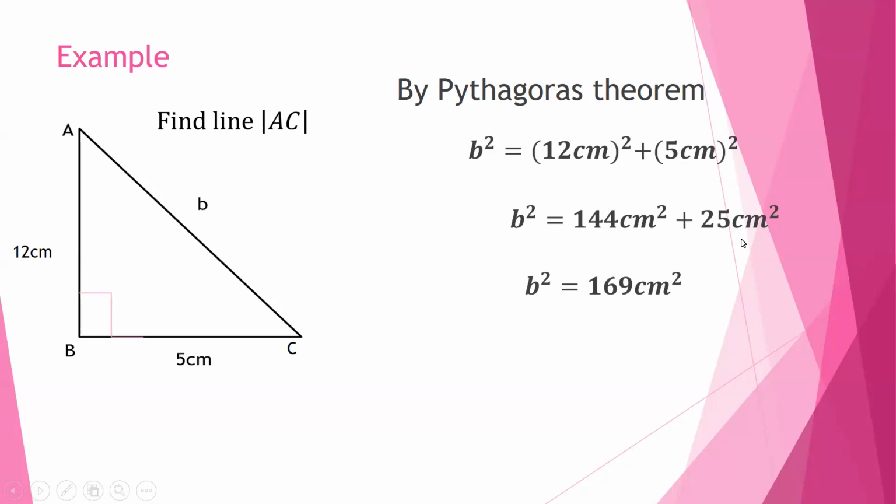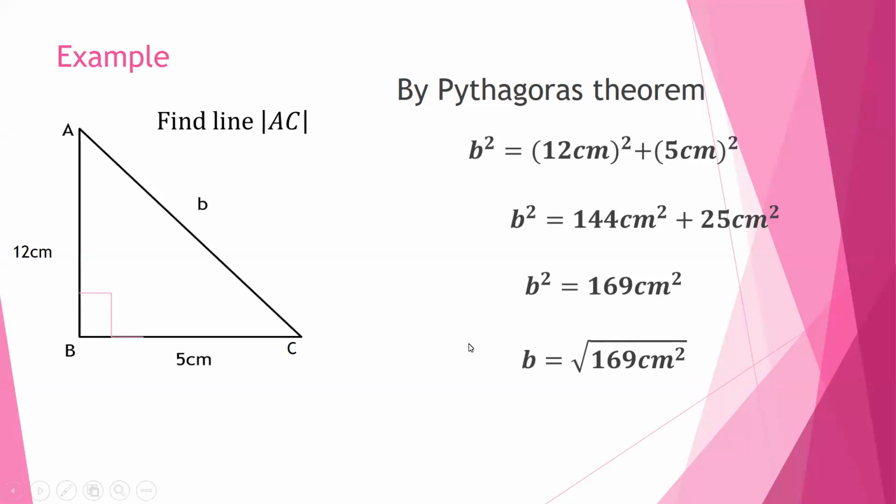We've added this to this, centimeters squared. So here, in order to get our B, we need to remove these squares. In order to remove the square, you introduce the square root. And the square root is the same as raised to the power half. I'll explain that part more so that those who don't really understand square roots and how to use them would understand it better.